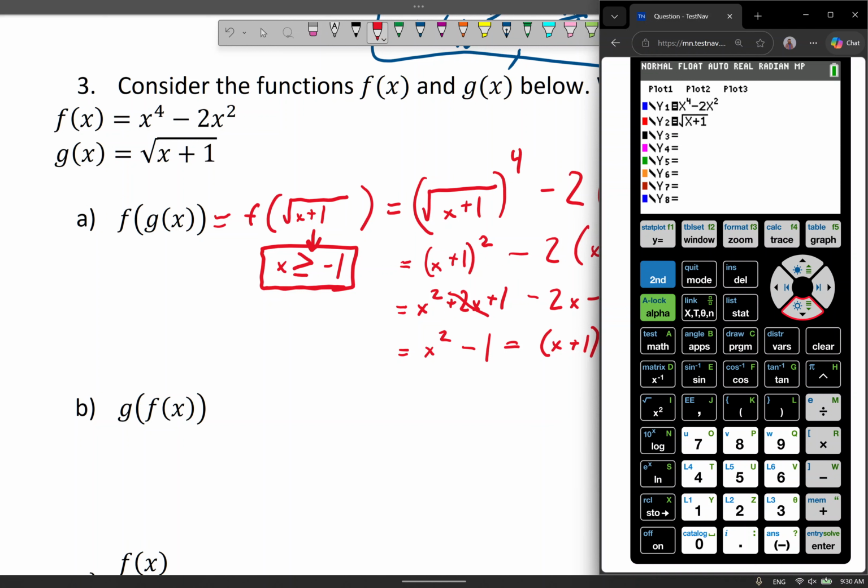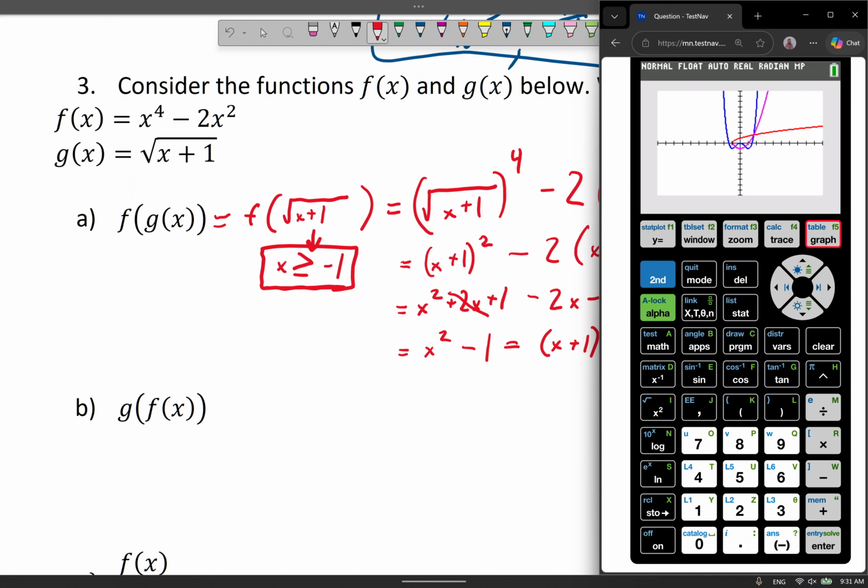Okay, and so like we saw before, we can write this different ways, but I'm going to do y1 of, and for some reason your calculator allows this, so this should work nicely. So there's our one function, and there's our other function.